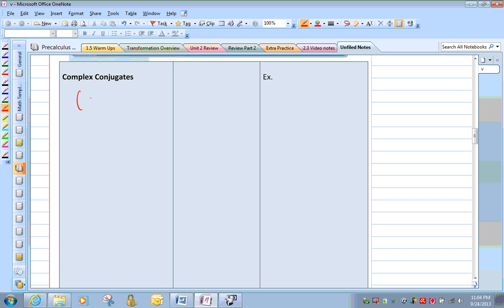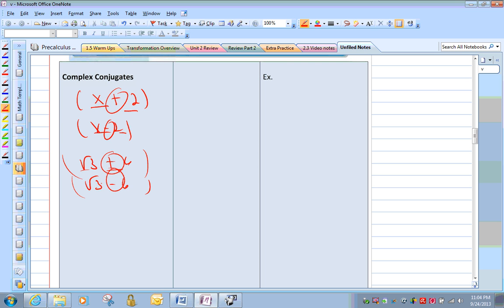If I said x plus 2 and x minus 2, those are conjugates. Same terms, opposite signs. If I said the square root of 3 plus 6 and the square root of 3 minus 6, same terms, different signs. So that's what that is.